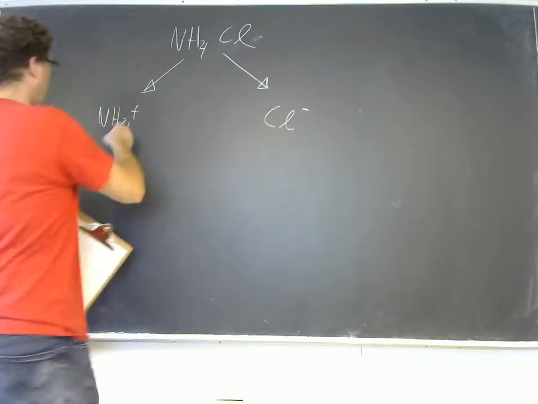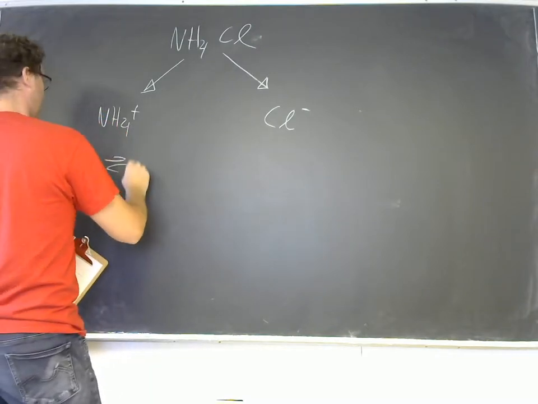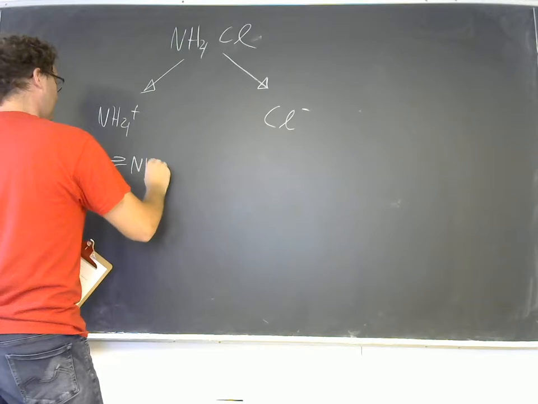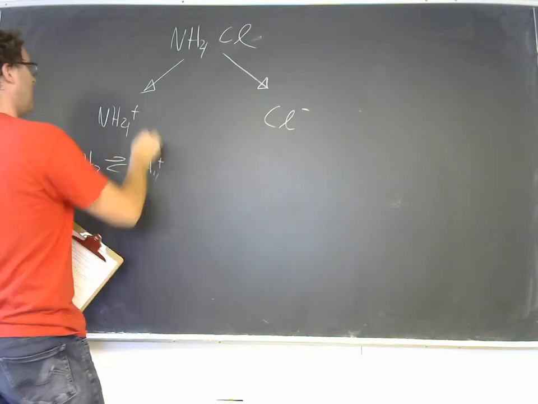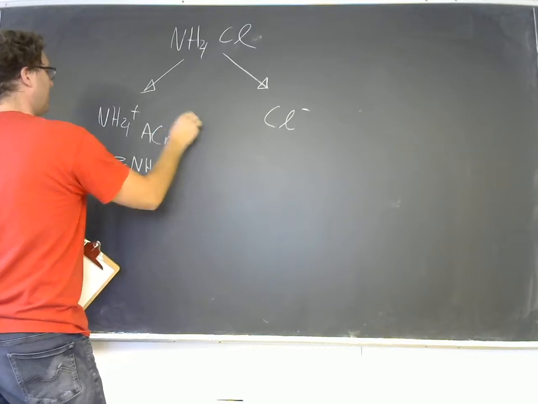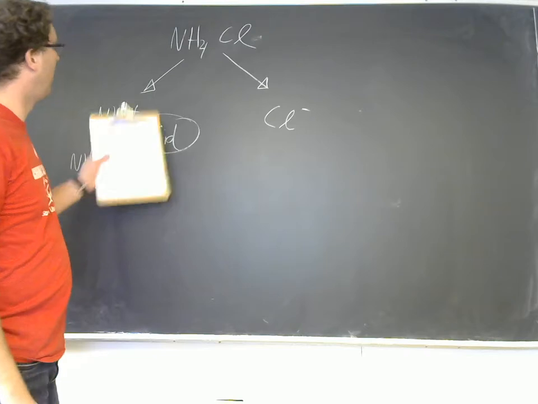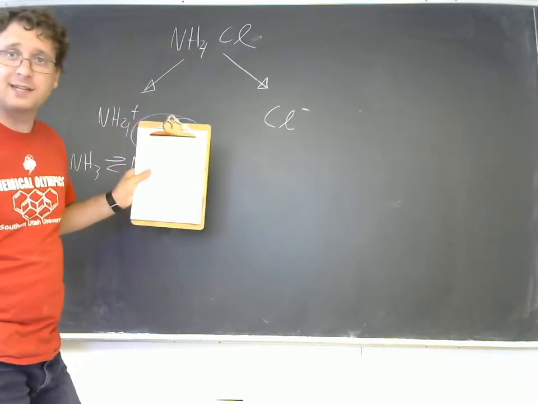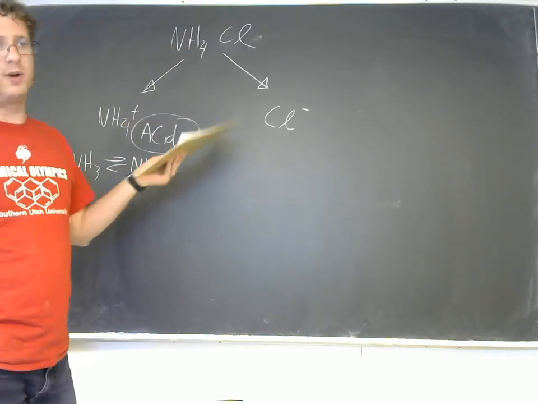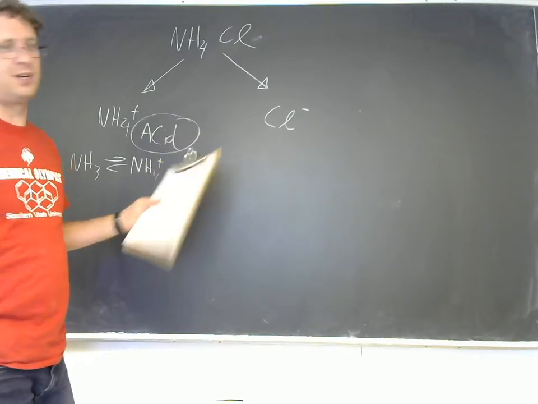For NH4+, we can see that NH3 is a weak base in equilibrium with NH4+. That means that NH4+ is a weak acid. And so we at least are beginning to suspect that ammonium chloride, when it dissolves in water, will increase the H3O+ concentration and decrease the pH.